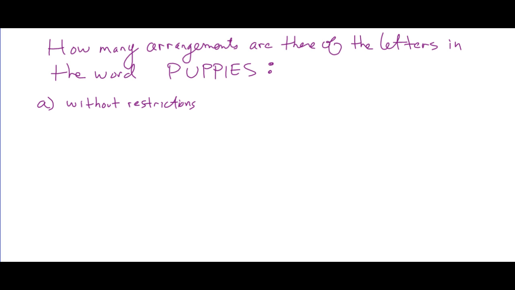So we say, okay, puppies, we have 1, 2, 3, 4, 5, 6, 7 letters. So without restrictions, they can be arranged 7 factorial ways, but 3 of them are p's. I can't tell the 3 p's apart, which means that every 6th arrangement of that is going to be the same, right? Or it's going to look the same. And so that works out to 840.